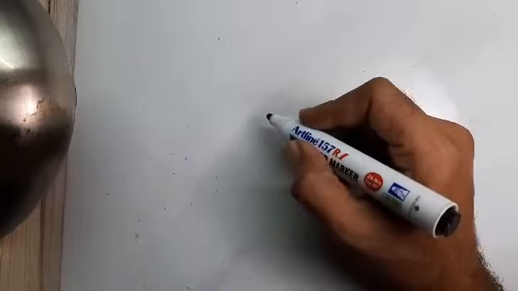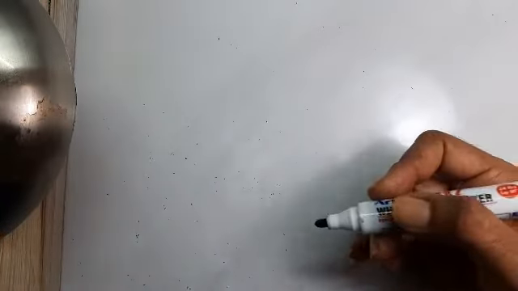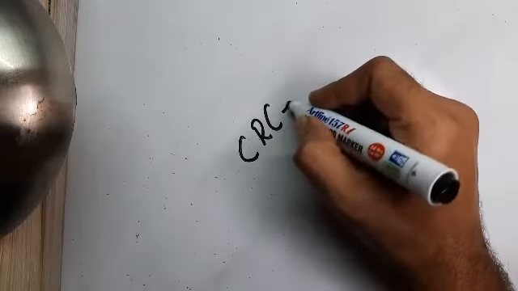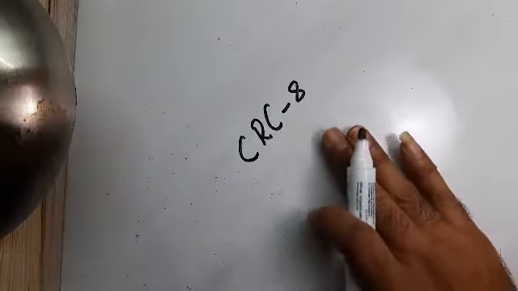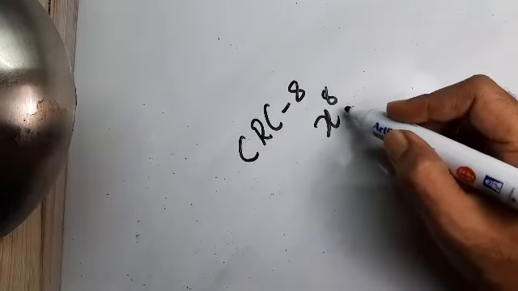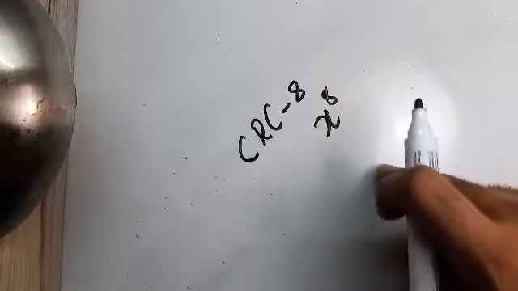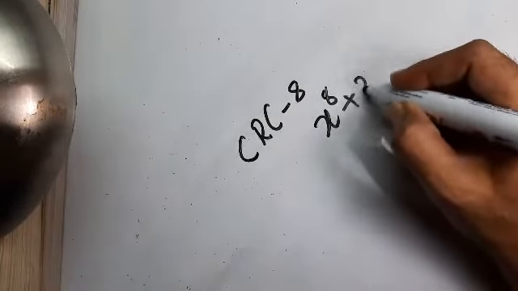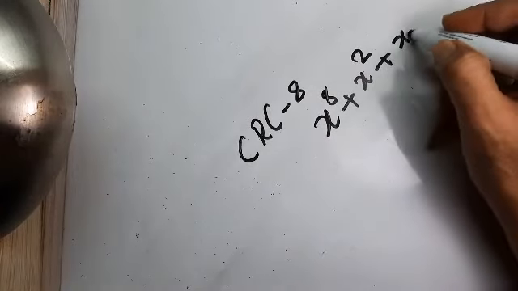Based on these four criteria, the standard polynomials have been constructed. In the last class I showed you a set of standard polynomials. I will rewrite one of them, CRC8: x raised to 8 plus x square plus x plus 1.